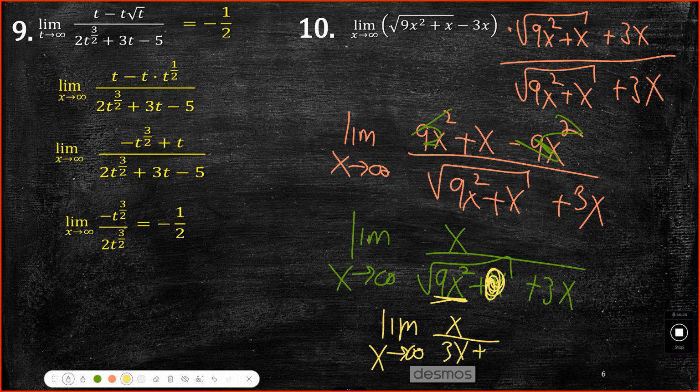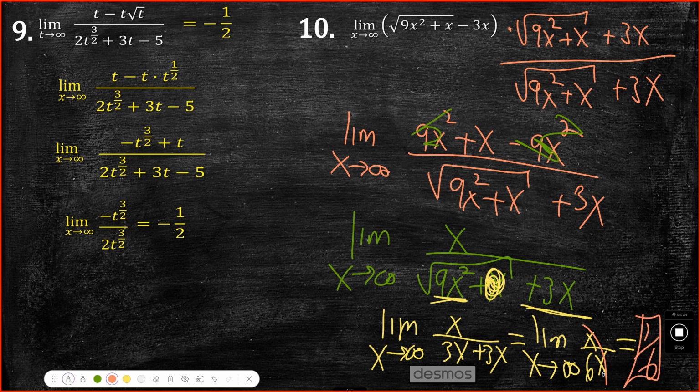And then we do have a 3x after this right here. And as we continue, we're going to get the limit as x approaches infinity of x over 6x. Now we can cancel out those x's, and the limit will be 1/6. And this is the correct answer.